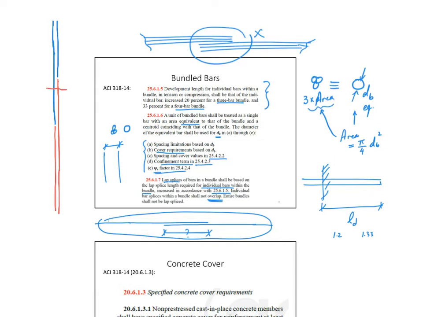Then you can add another bar to cover this part, right? So you're ensuring that at every time you have a full bar or full 2 bars in full strength. Or the other option, what we had done before also, is to weld this part and this part, what we call the groove weld or the butt weld, front to front, to make sure that you have full strength within your splice.